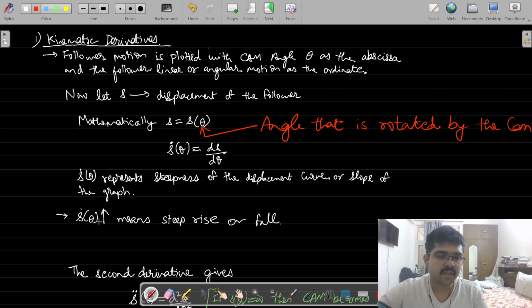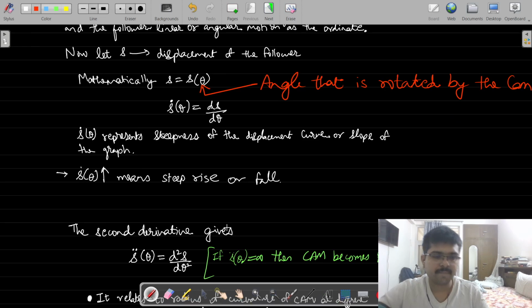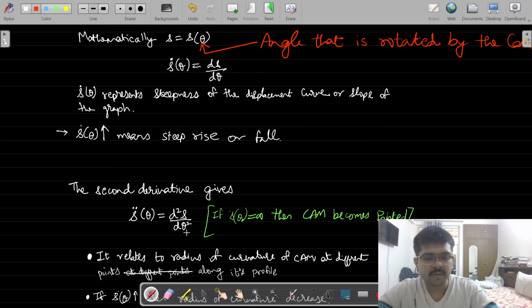If S dot theta increases, it means a steep rise or fall happens to the follower. The second derivative gives S double dot theta, which is equal to d square S by d theta square. If S double dot theta becomes infinity, then the cam becomes pointed.